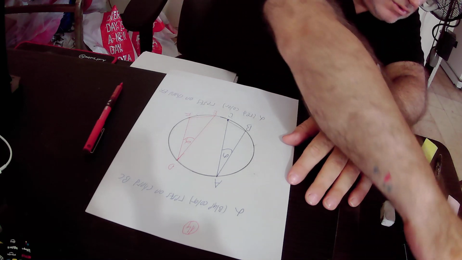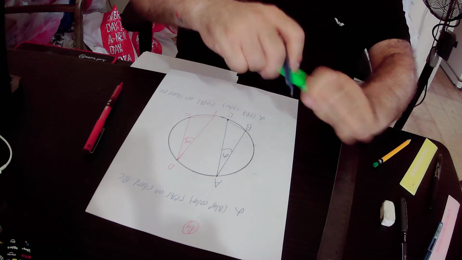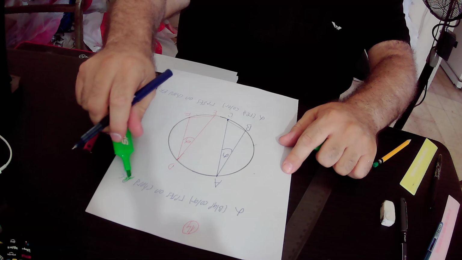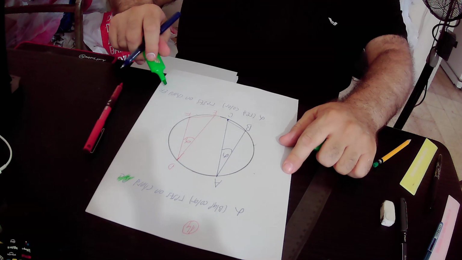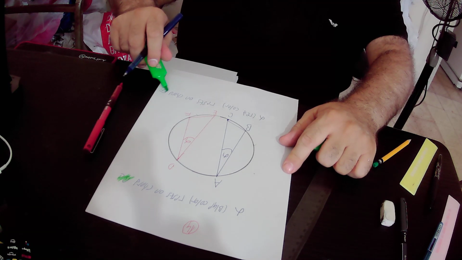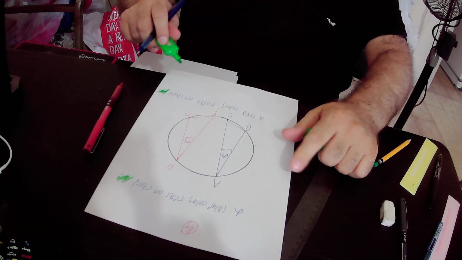So the blue alpha rests on chord BC, and the red alpha rests on chord EF.